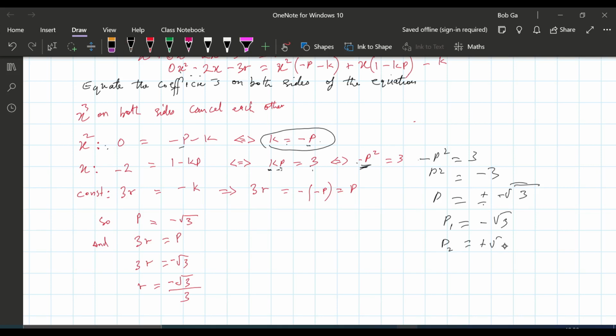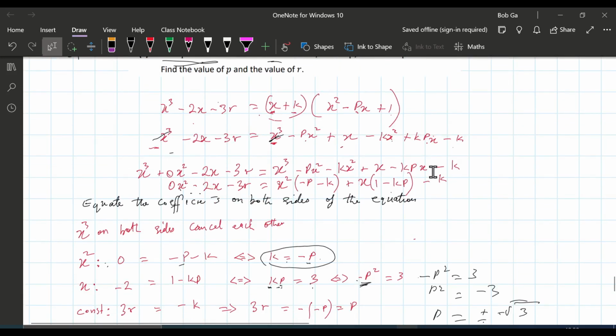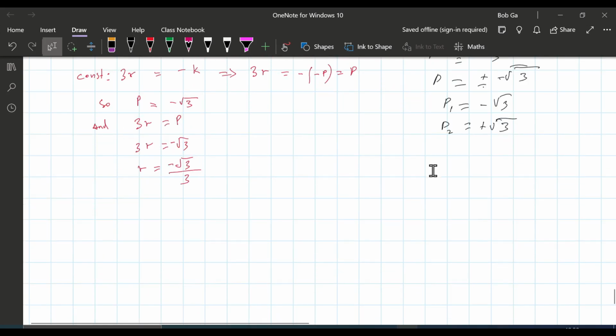Okay, so these are the 2 values of p, but which of these should we take? Should we take negative square root of 3, or positive square root of 3? To know which one, we have to go back to the question that was asked. The condition is p is less than 0, so we look for the p which is less than 0.